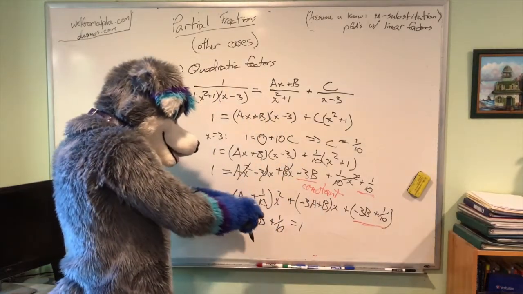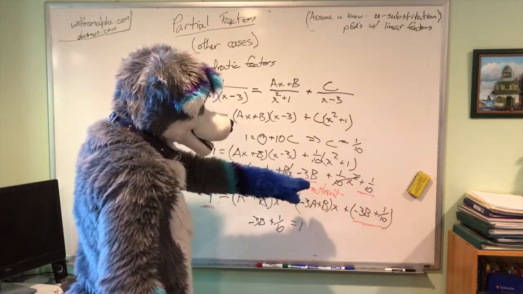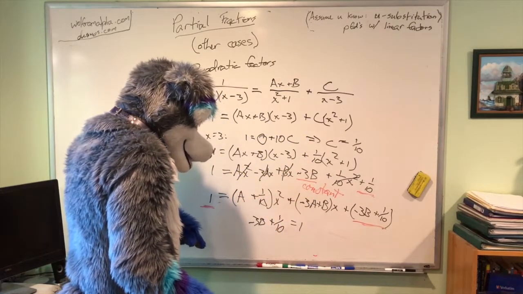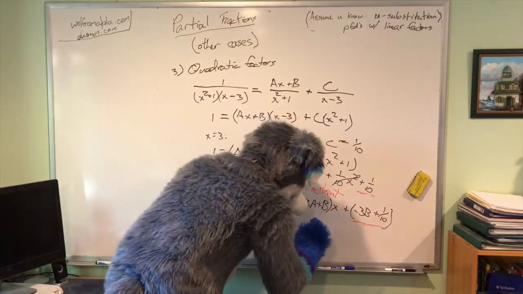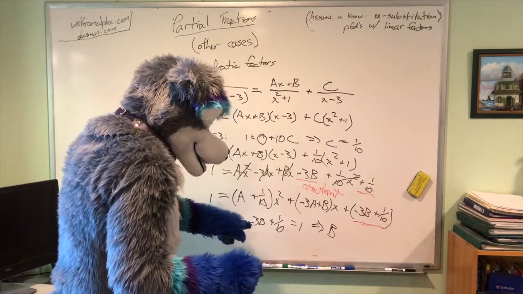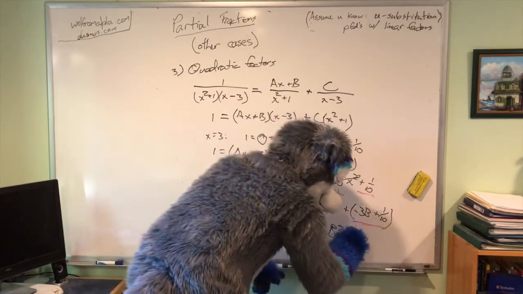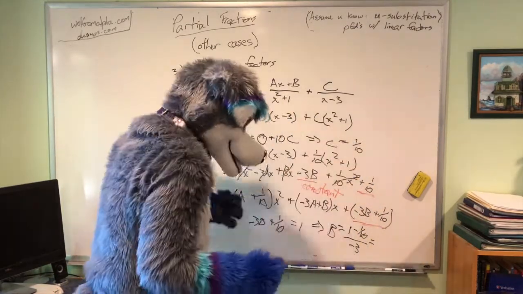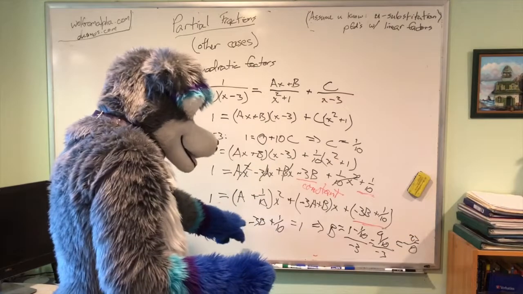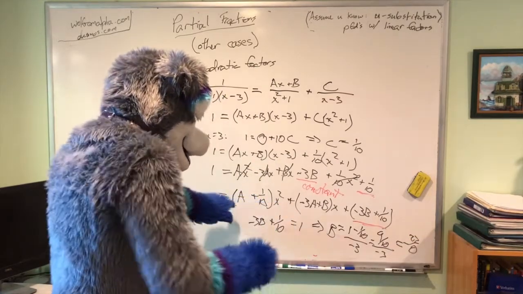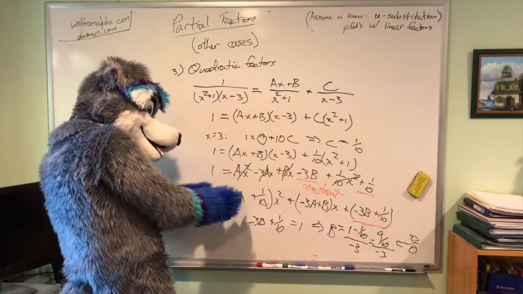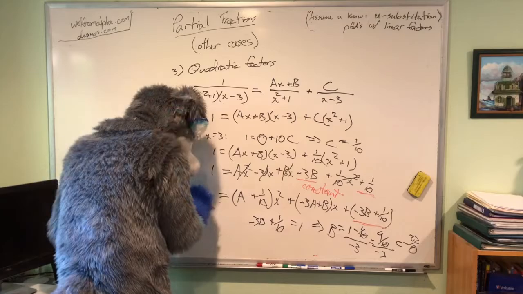Also, what haven't we solved for? We know what c is. We need to know what a is. I might as well go ahead and solve for b here. The main thing is you can solve for b. Now here, what's the coefficient of x squared on this side?